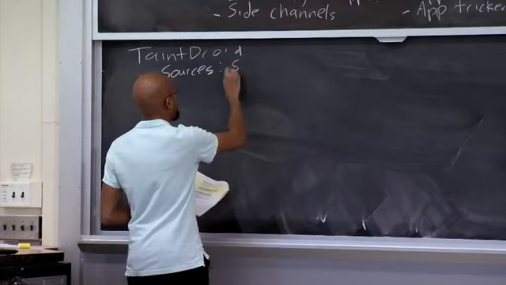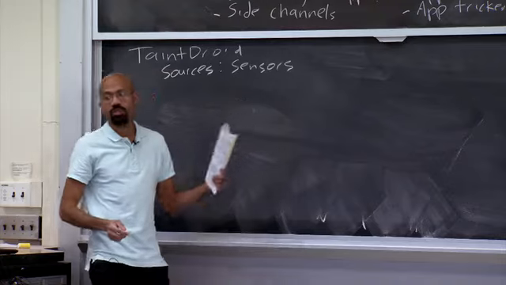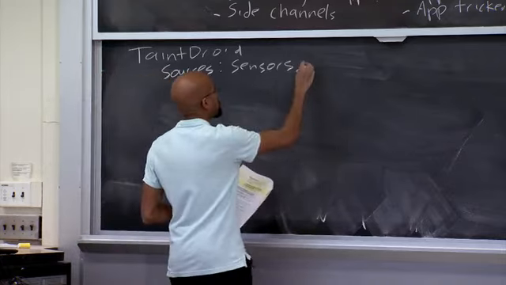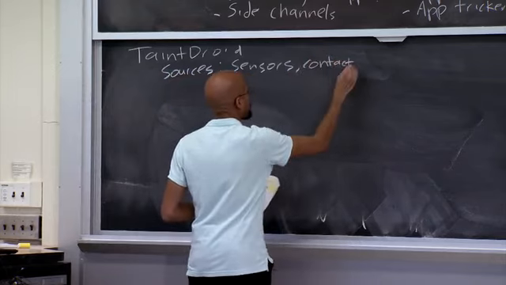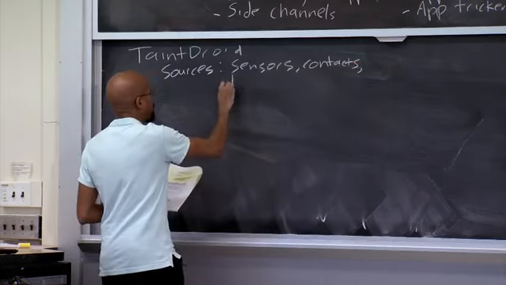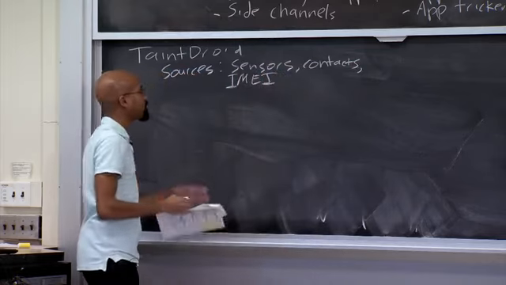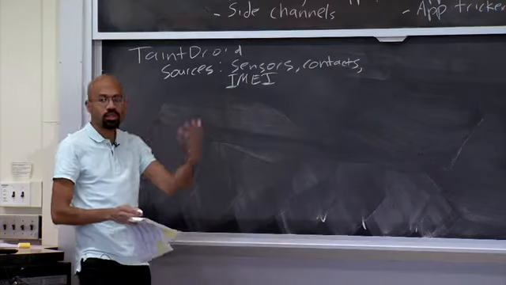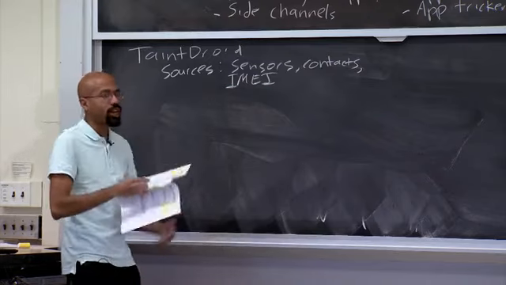You might think of this as things like sensors, for example GPS, accelerometer, things like that. This could be your contact list database. This could be things like the IMEI, basically anything that might help to tie you, a particular user, to your actual phone. So these are the things that generate the taint.